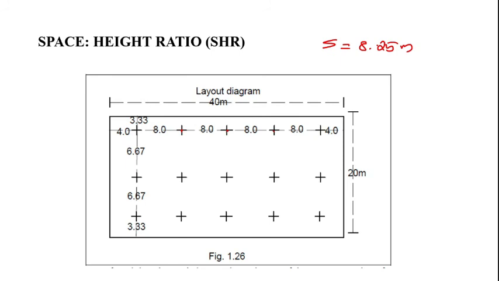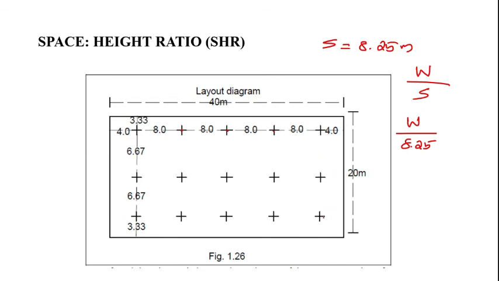Then you have the width of the factory area as 20 meter and the length of the factory area as 40 meter. So width divided by S, width divided by 8.25, will give you the number of luminaires to be fitted along the width of the factory area.